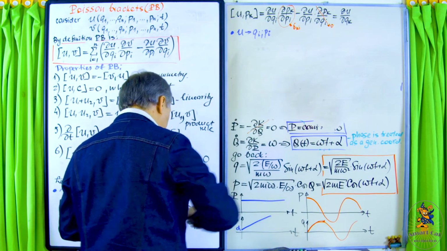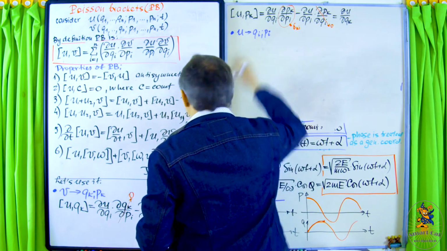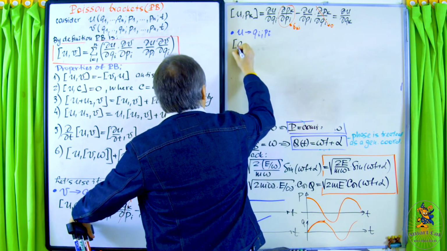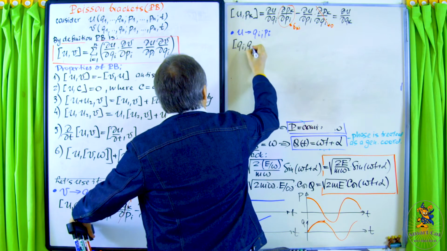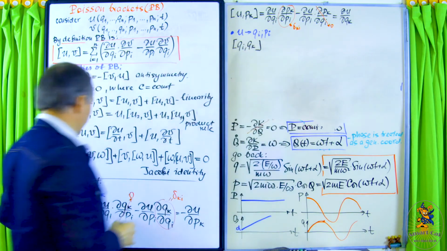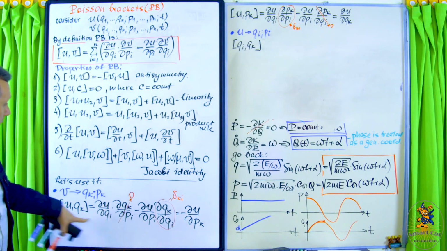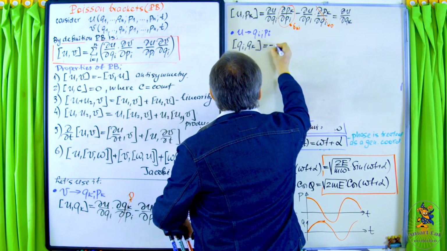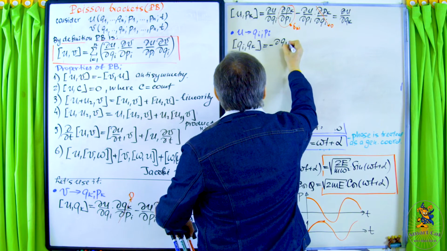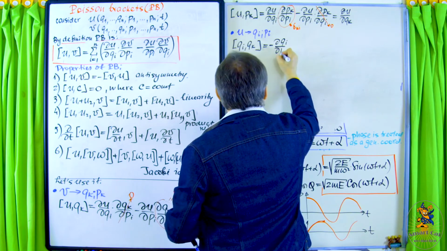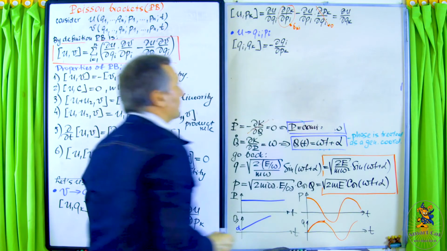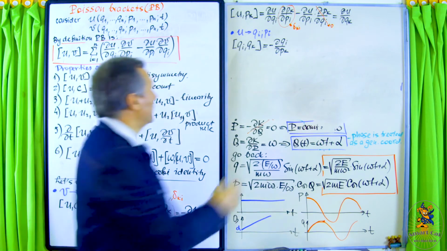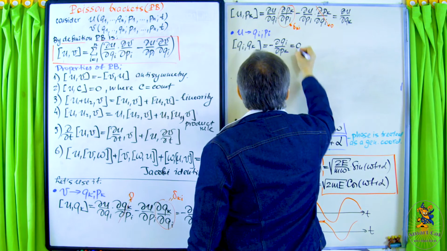Okay, so now let's start with q and use here. So we're going to have qi, qk, right? So it will be minus the partial derivative of qi with respect to pk. Okay, they're linearly independent, so we're getting 0, right?